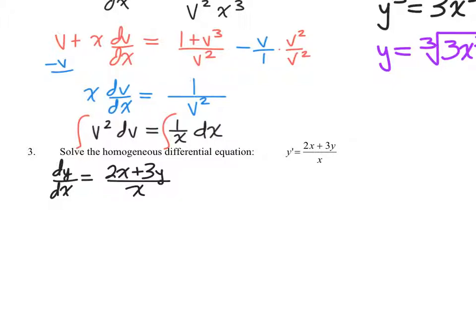I'll just give you the short version. This is not a proportional relationship, which means that we can't find the antiderivative using the separation of variables technique, the idea of getting the x's on one side, the y's on the other, and then integrating. We can't do that.